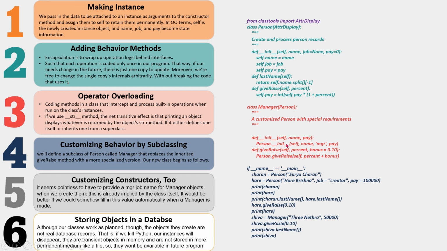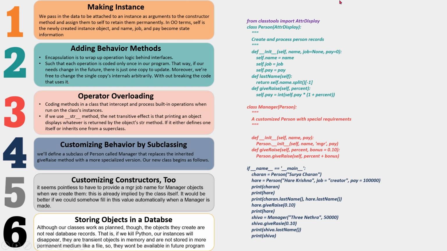Now we know we have a 2-module system that not only implements our original design goals for representing people, those are 2, one is person, the other one is manager, but also provides a general attribute display tool we can use in other programs in the future.